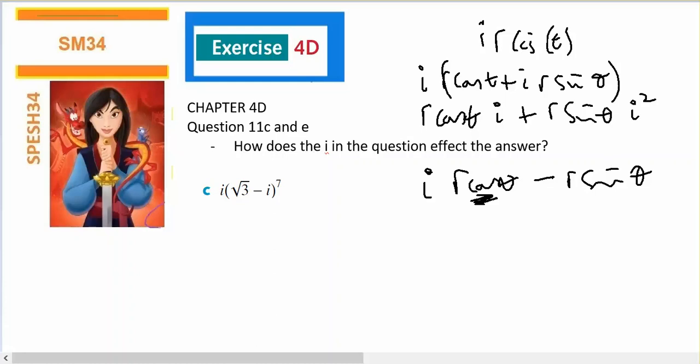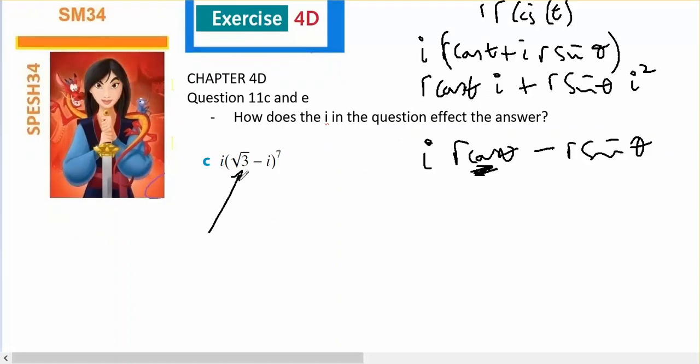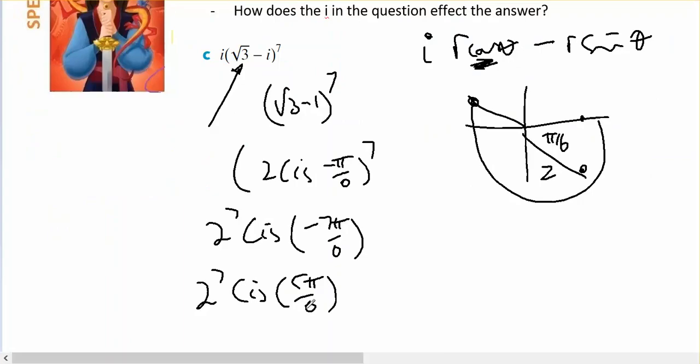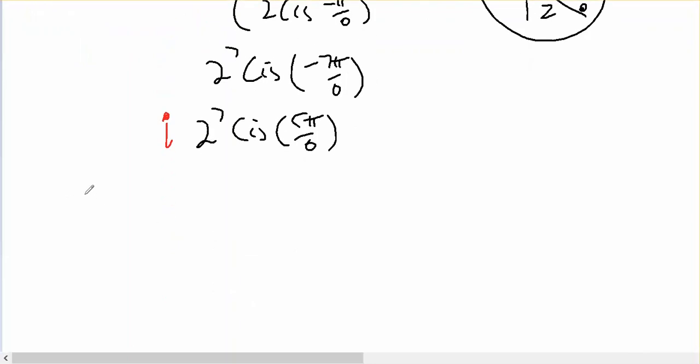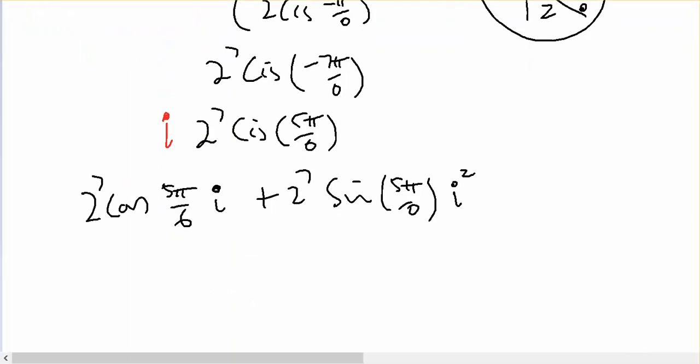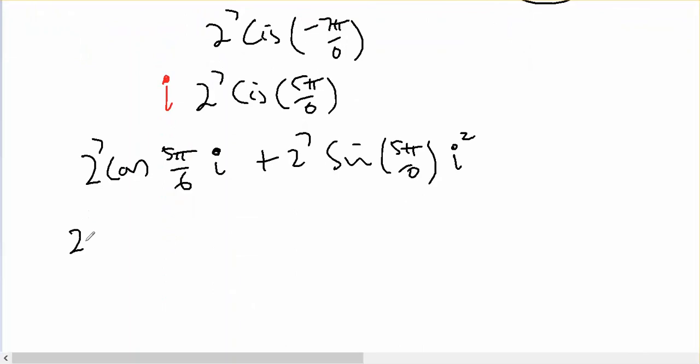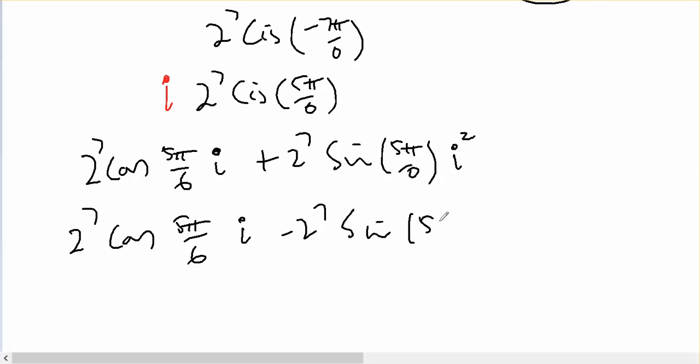Okay, so let's work through this. I need to explore what root 3 minus i to the power of 7 is. And if that's multiplied by i, then we're going to have 2 to the 7 cos of 5 pi on 6 i minus 2 to the 7 sine 5 pi on 6.